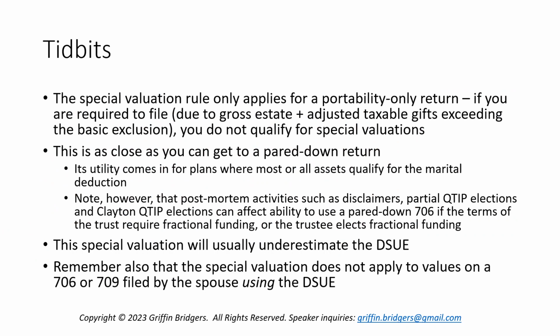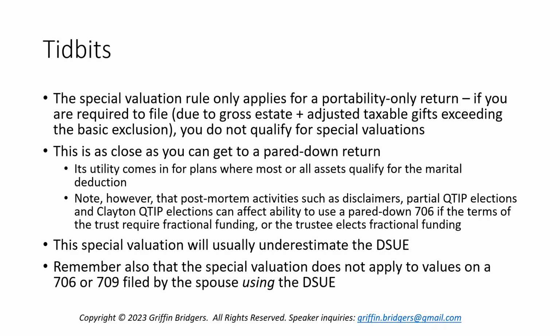So especially look at those post-mortem elections and also the terms of the trust or the will, whether those require fractional funding between various trusts or the trustee actually elects fractional funding. Those fractional funding formulas could affect your ability to use this at the end of the day anyway, maybe in full or in part.